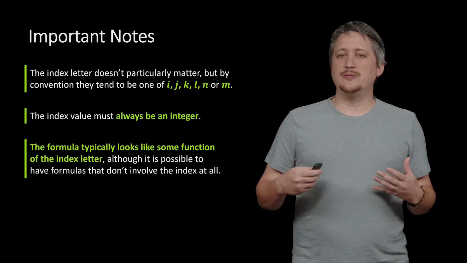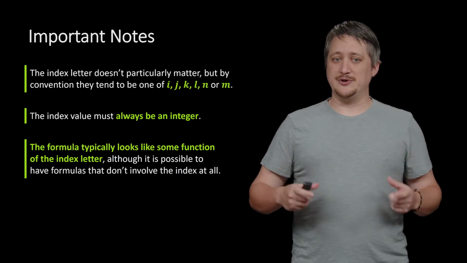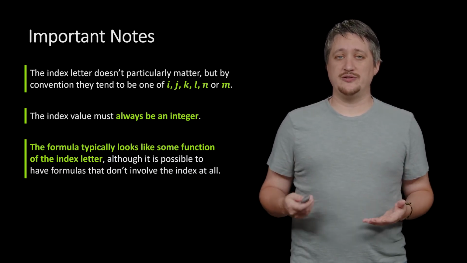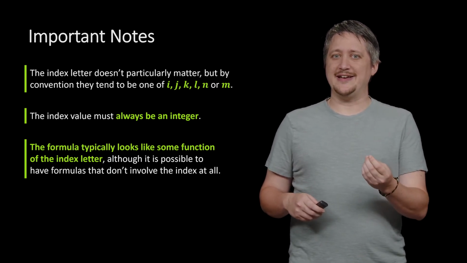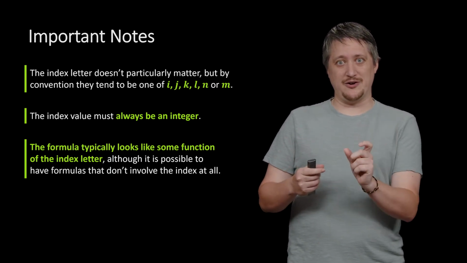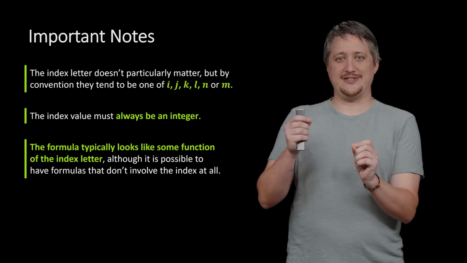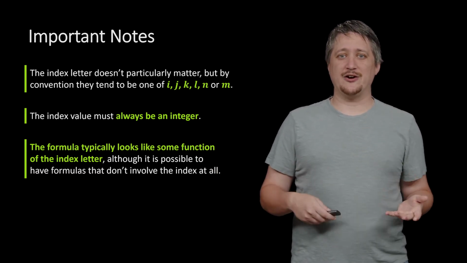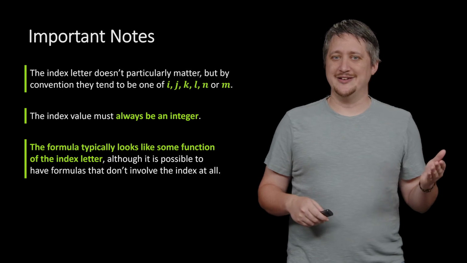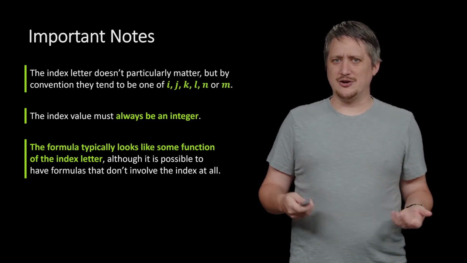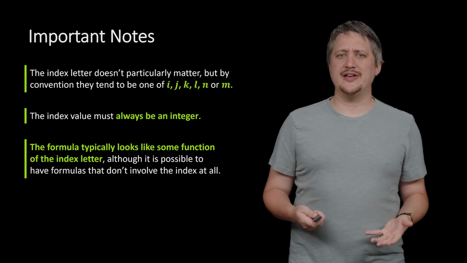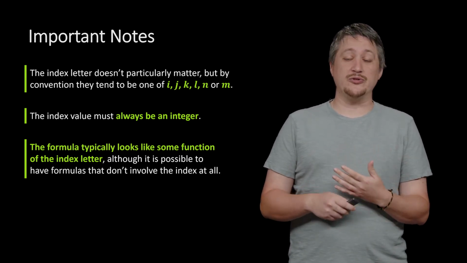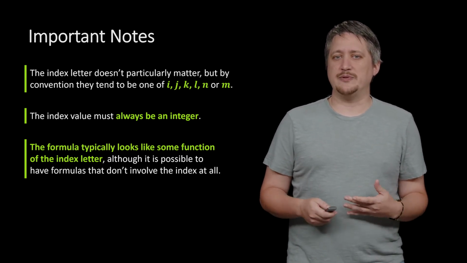All right. Typically, the formula that you have inside that sigma looks like some function of the index letter, because the idea here is that you're plugging in that index and computing to get whatever number you're trying to represent as that running sum, right? So in our example with k going from 1 to 1,000, our formula was very straightforward. It was just k. But we could have other things there. Like if we wanted to add together only the even numbers, maybe we do something like 2 times k.